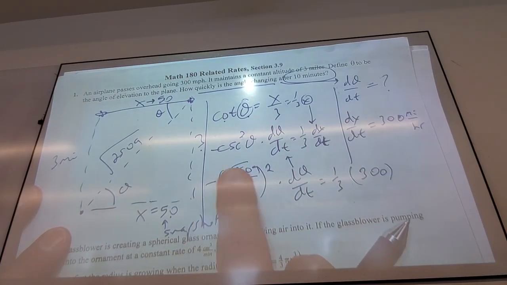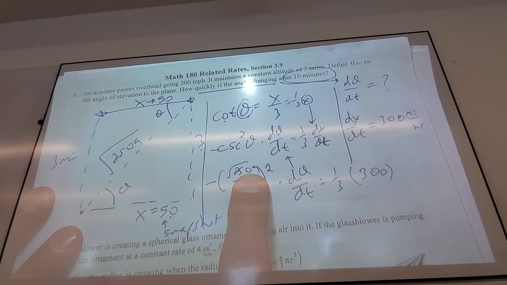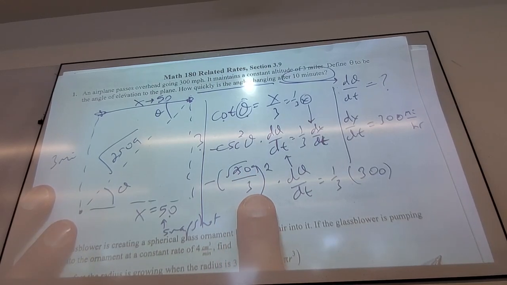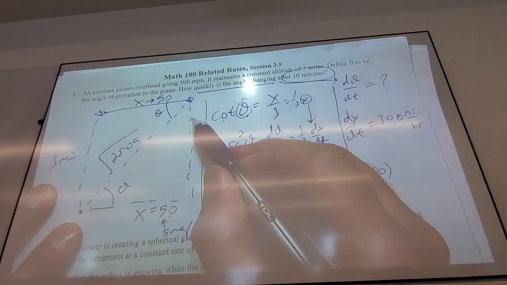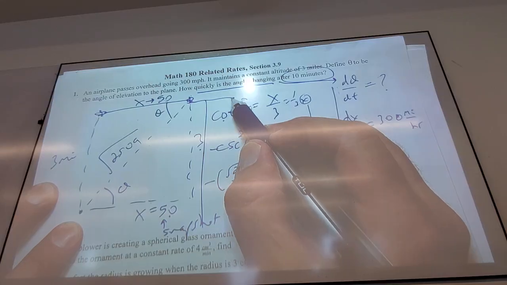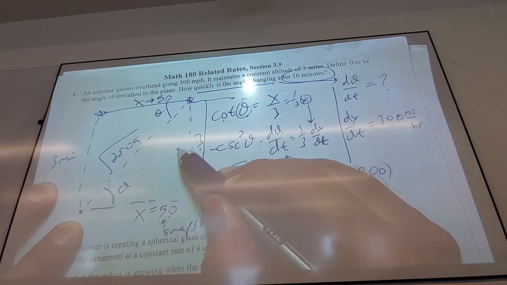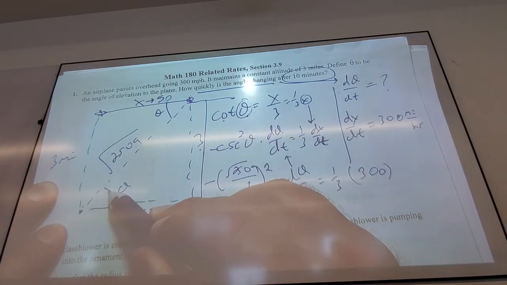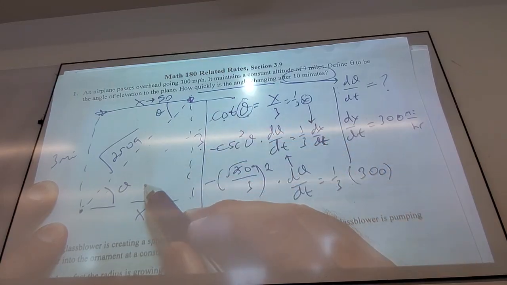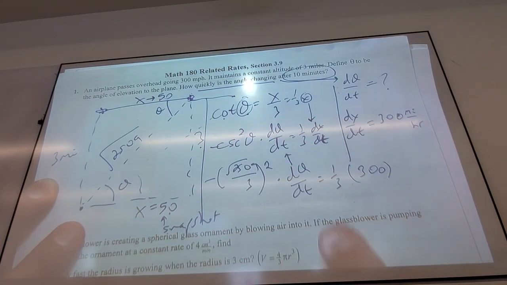The great thing about this is, squaring that's nice. Well, you can do it in your calculator too, but it doesn't matter. By the way, if I let the plane fly more, will the angle get bigger or smaller? If I let the plane fly more, does the angle get bigger or smaller? Smaller. So this should be negative.